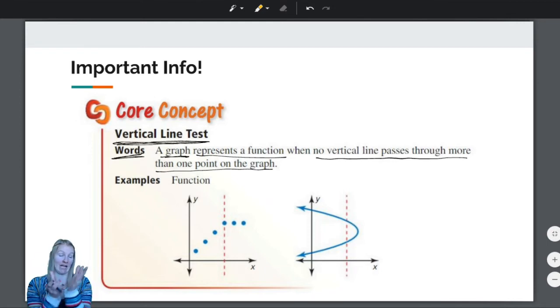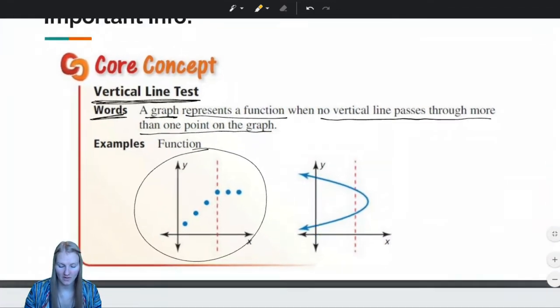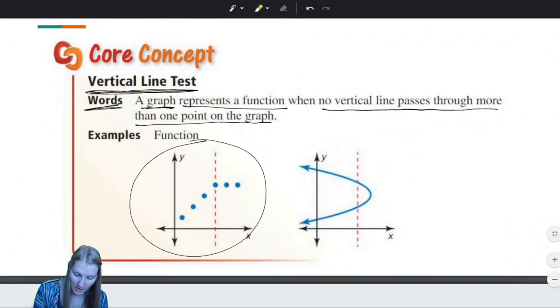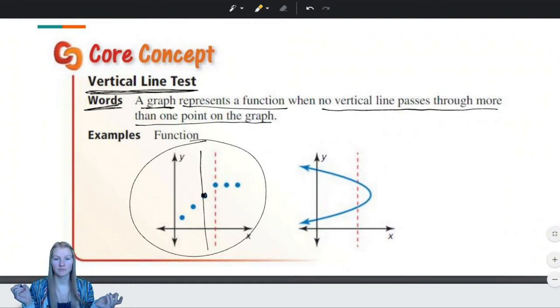Okay, that's the words. What does that look like? Well, if I draw a vertical line, I should not pass through more than one point. So look at the graph on the left. If I draw a vertical line, I only hit one point. There's not a second point up here.